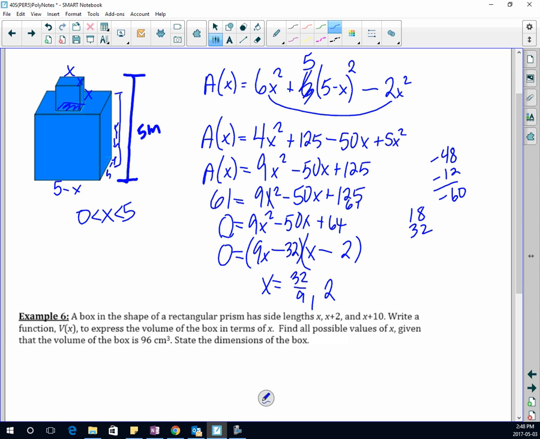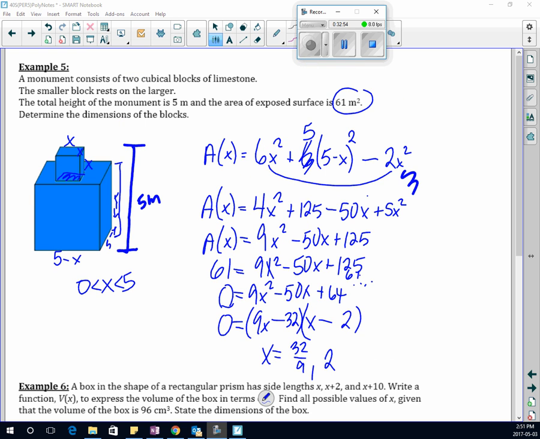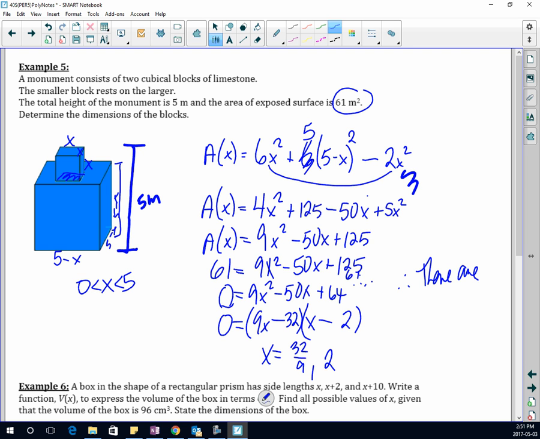Okay. So what does it say there? Determine the dimensions of the box. Therefore, there are 2 possible answers.